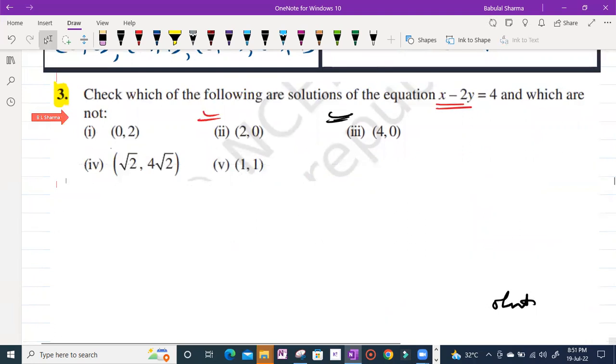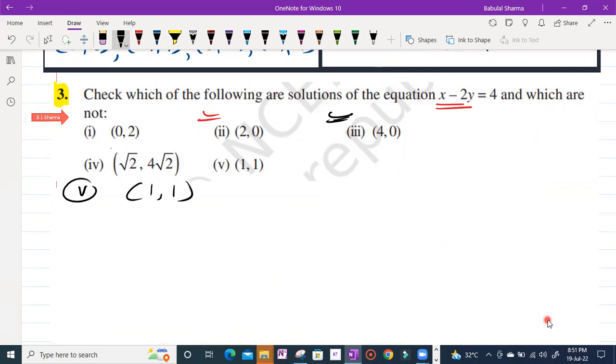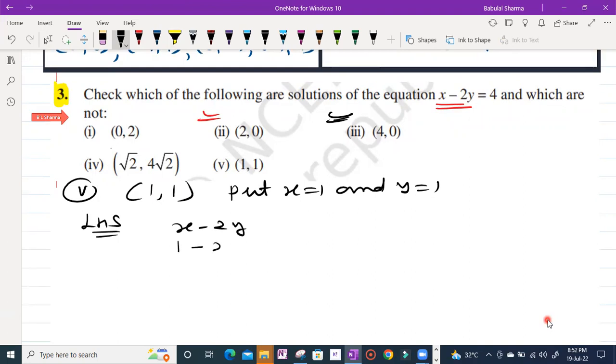And now fifth part, (1,1). So put x is equal to 1 and y is equal to 1. Left hand side में replace करके देखेंगे and left hand side of the equation is x minus 2y. Put x is 1 and y is 1, 1 minus 2, that is minus 1.